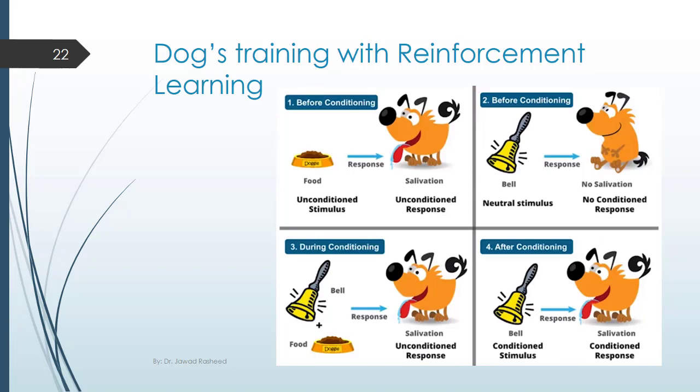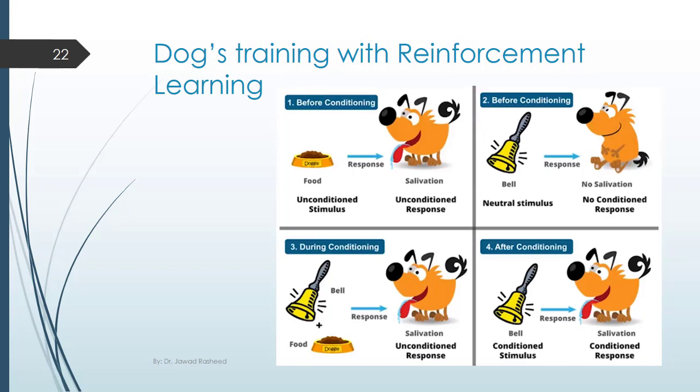Initially, he gave meat to his dog, and in response to the meat offer, the dog started salivating. In the next step, you can see here that he rang a bell.